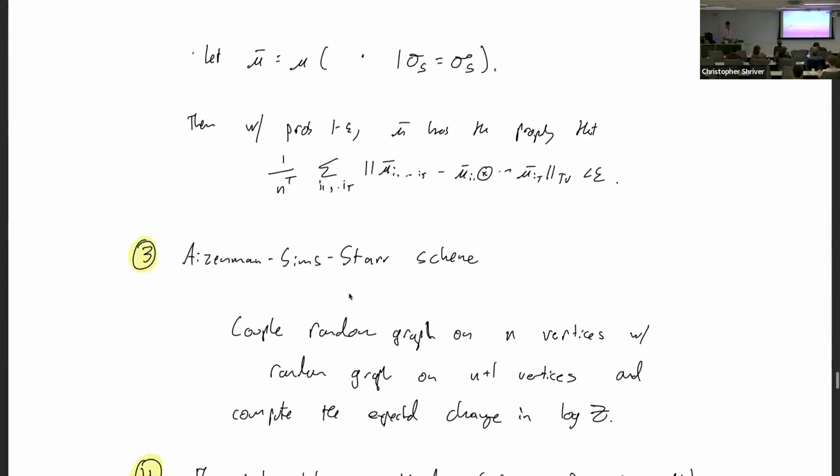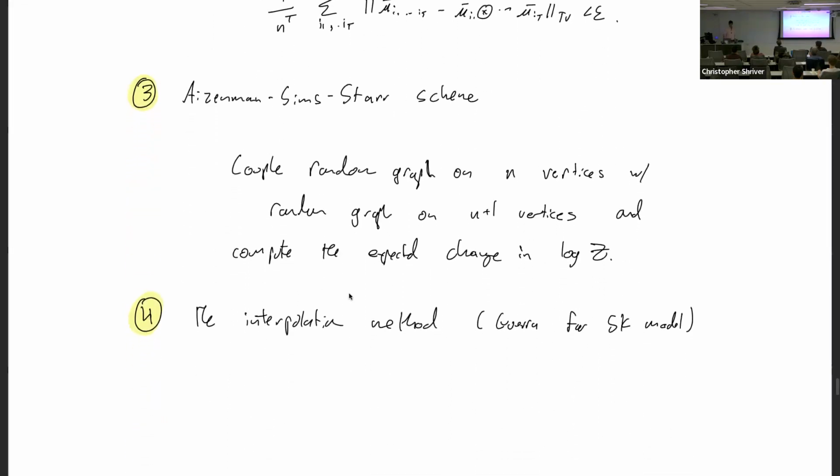Okay, so that's one thing. And then the way we'll actually carry things out is something called the Aizenman-Sims-Starr scheme. This is a way to couple a random graph on n vertices with a random graph on n plus 1 vertices and compute the expected change in the log partition function between the two. This scheme will give us one side of the bound, and the other side is due to something called the interpolation method that goes back to Guerra for the SK model.